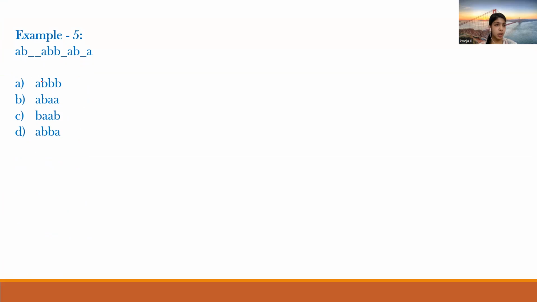Okay, so let's try this one. You have AB double space ABB space AB space A. Okay, so what is the first option? You have A, B, and you have B and B. So A, B, A, B, A, B, B, A, B, B, B, A, B, B, A. No, this doesn't work.